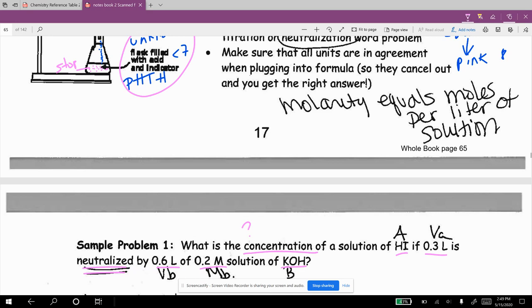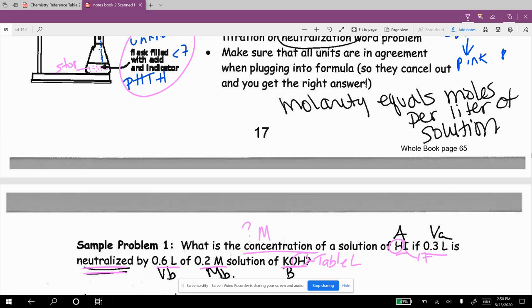So this is an acid, this is a base. How do I know this is a base? Because it's on Table L. How do I know this is an acid? Because I have hydrogen with a group 17 element. So acid, right? When I neutralize it, H will neutralize the OH, acid and a base.